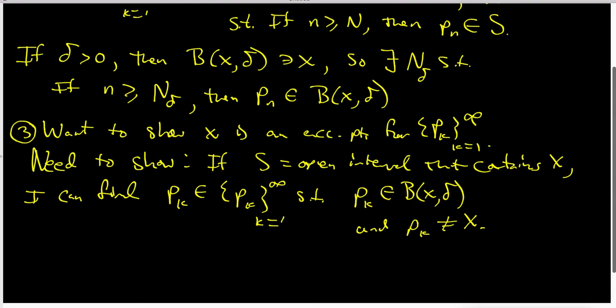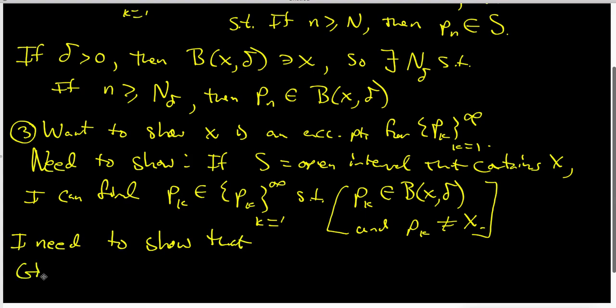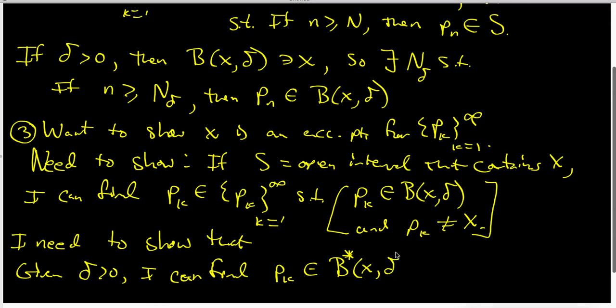So I want to think about what this stuff actually means. What that really means is I need to show that given any delta bigger than 0, I can find a p_k on my sequence that lives inside the punctured ball of radius delta.